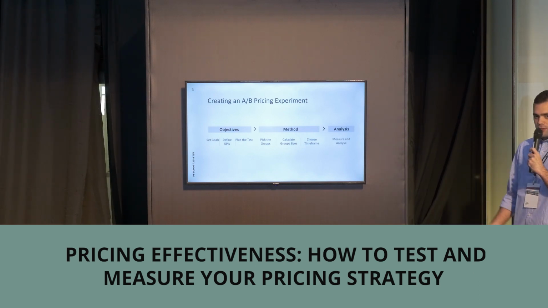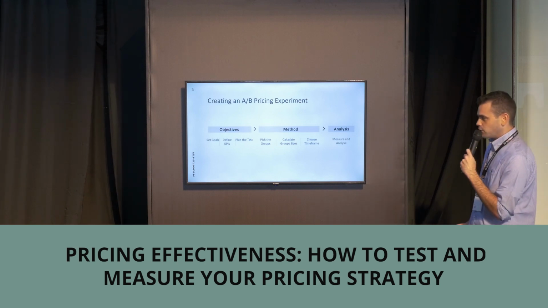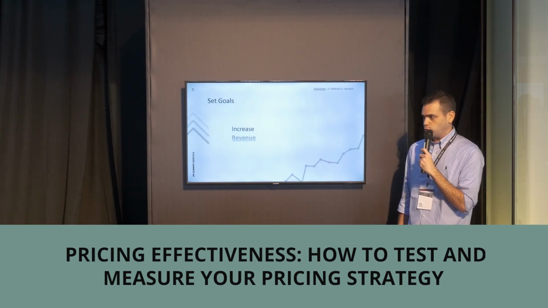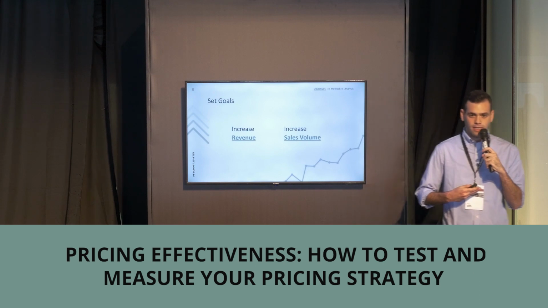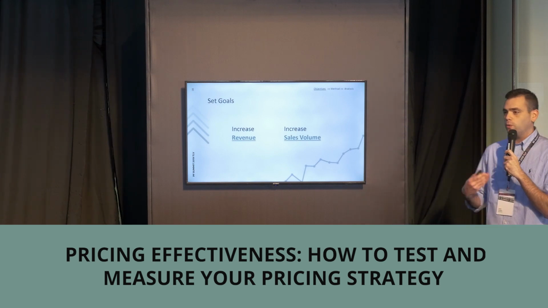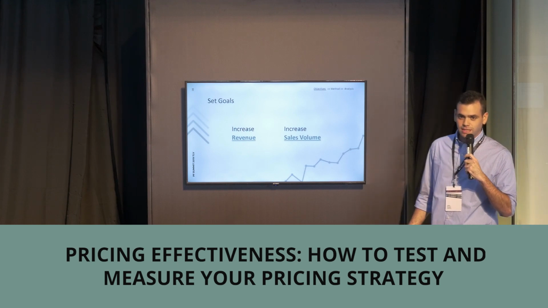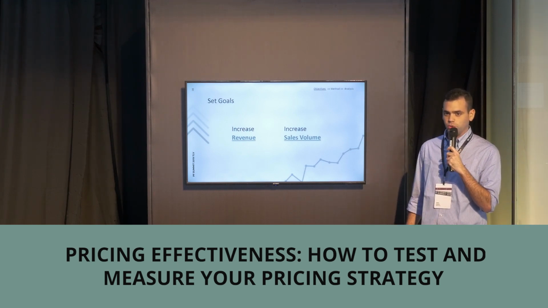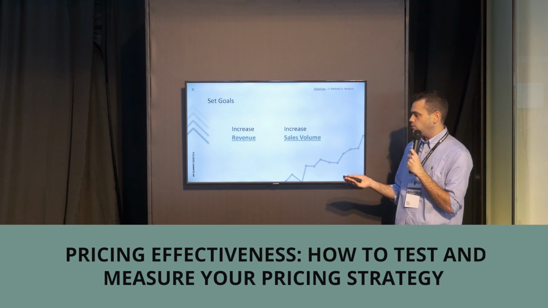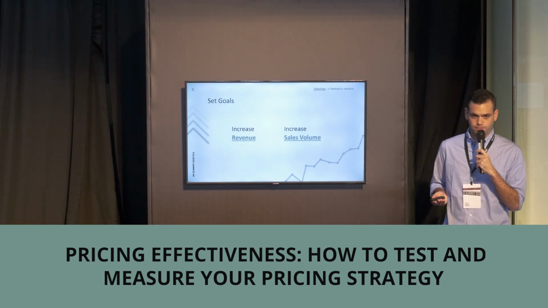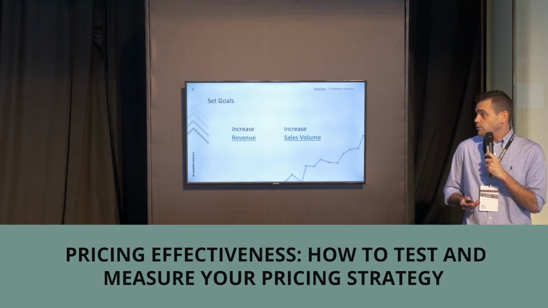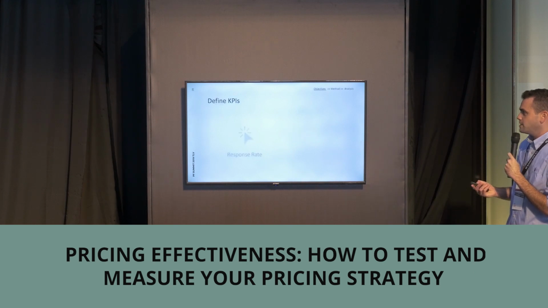So let's start with the objectives, and the first element as part of the objectives is setting the goals. Before you start the test, you have to be specific which goals you want to achieve. So when it comes to pricing, it shouldn't come as a surprise for you. We either want to increase the revenue or the sales volume. Then we have to define KPIs.